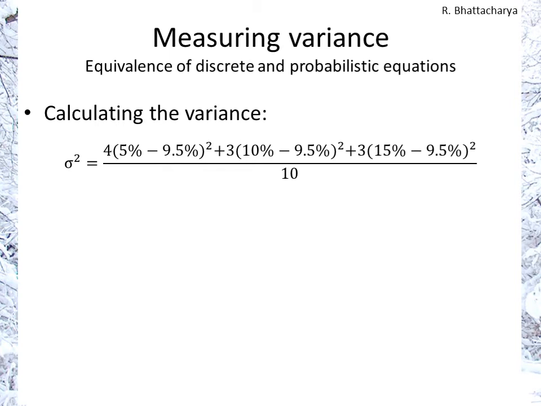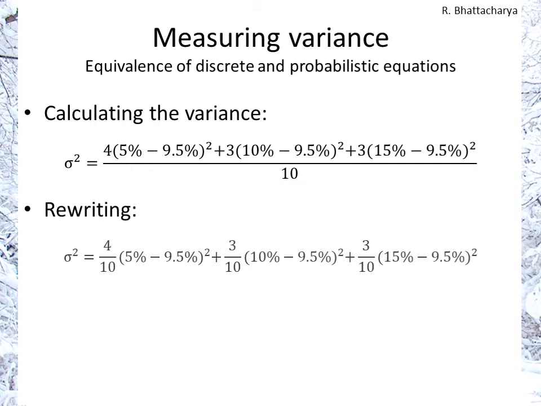So then again, dividing by the number, which is 10, we can rearrange this as 4/10 of the first run of 5 minus 9.5%, 3/10 for the second values, and 3/10 for the third values of 10 and 15% respectively. As you can see again, we've come up with probabilities of the 4 out of 10 probability, the 3 out of 10 probability, and the 3 out of 10 probability.